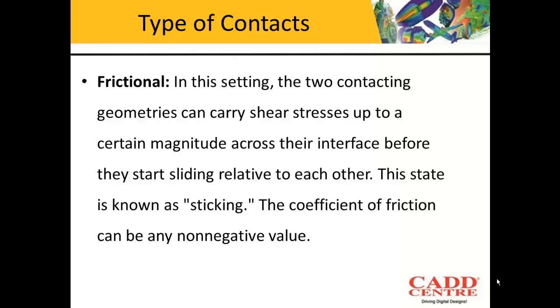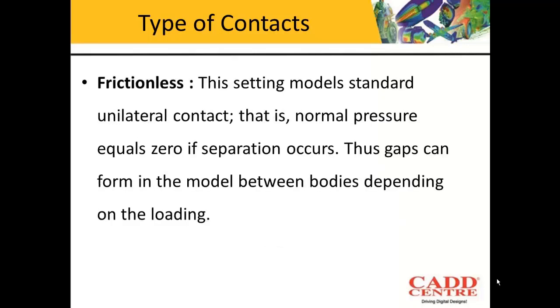Okay. Next contact is frictionless. This setting models standard unilateral contact, that is normal pressure equals 0 if separation occurs. That means surfaces are allowed to slide freely where the coefficient of friction, that is mu, is 0.